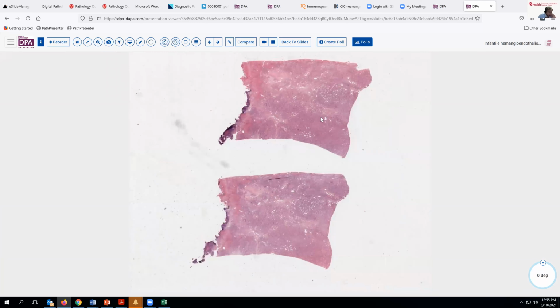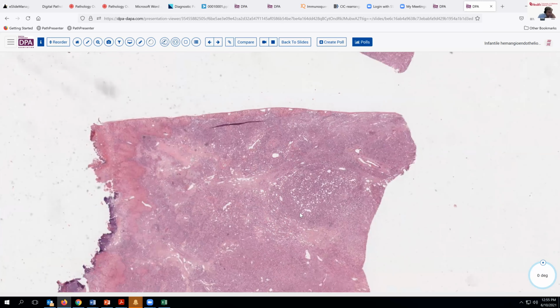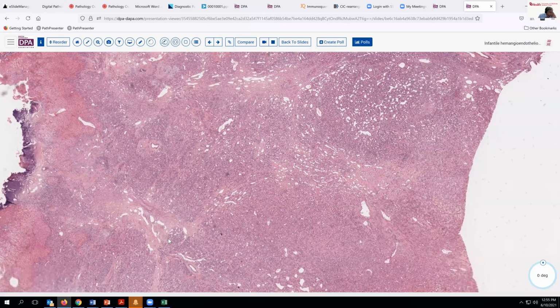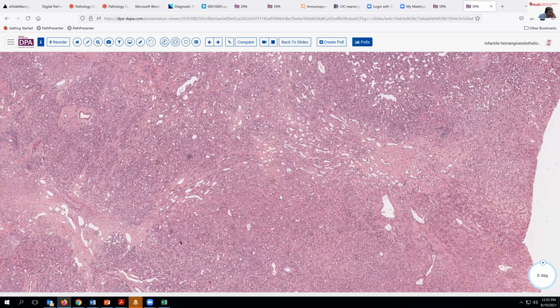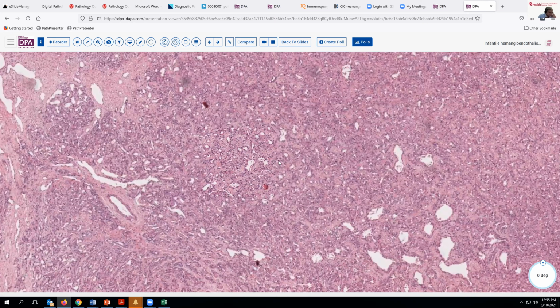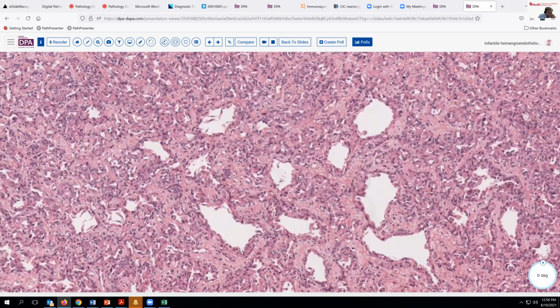So here's a nice little lesion, a similar sort of situation, and I gave you this in your preview slides as well. Again, it looks like a vascularized lesion. And this is a 6-month-old child, and he has multiple nodules with this type of appearance. Obviously, we've got very vascular spaces, but not a lot of blood cells in these spaces, interestingly.